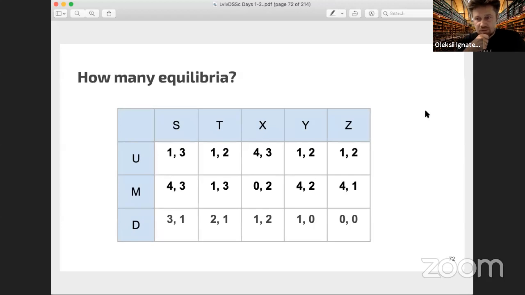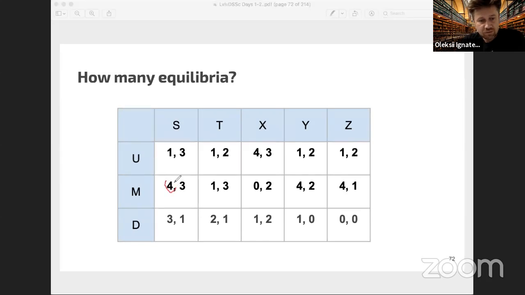So this game, how can we analyze it? Basically there is one obvious Nash equilibrium, which I can show you by using the best reply correspondence. If we mark best replies of the first player, we can see that the best replies are these numbers.